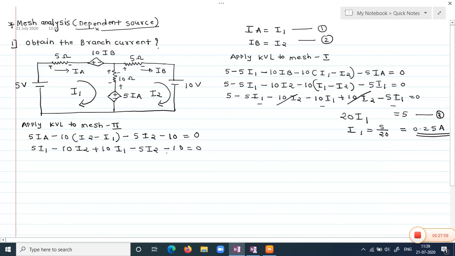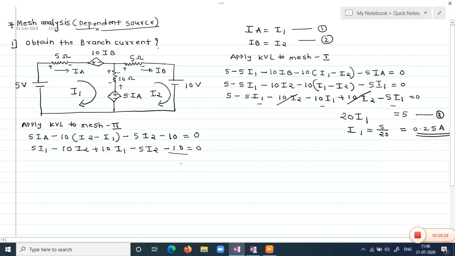In this equation, if you keep the voltage outside, suppose the minus sign is there, minus 10 volt is there, you will keep it outside as a plus, means nothing is to be changed in this equation.